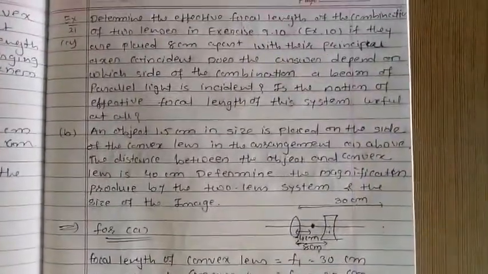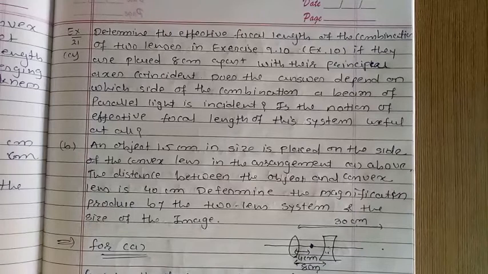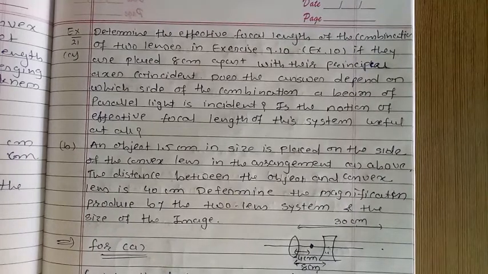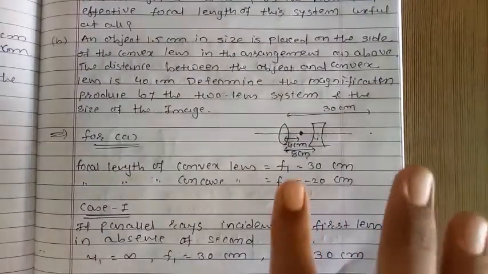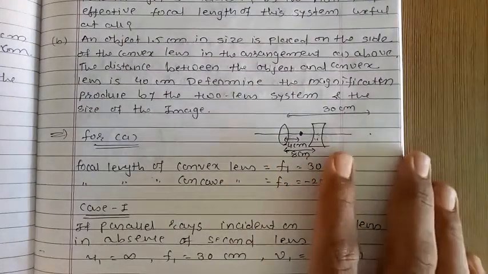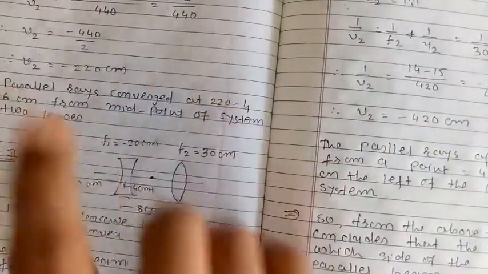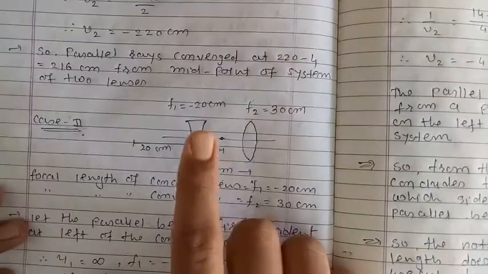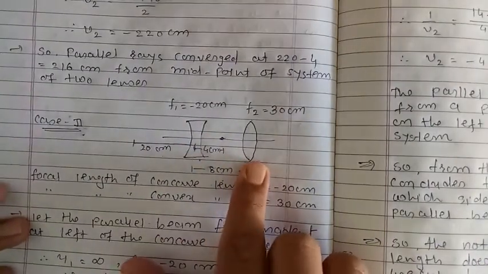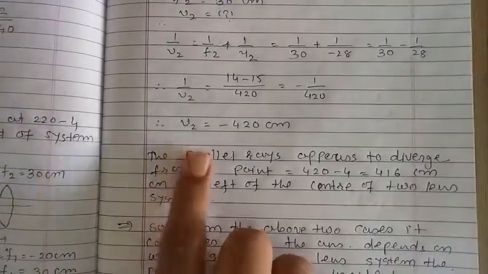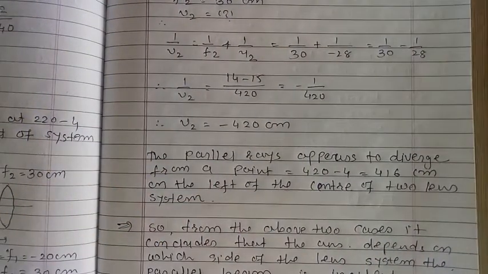Okay, so this is our A section, right? So here in A section we arrange the combination of lens. In first case we arrange convex lens first and second concave and find out the image distance. In second case we arrange first concave lens and second convex and we find out the image distance from the midpoint.